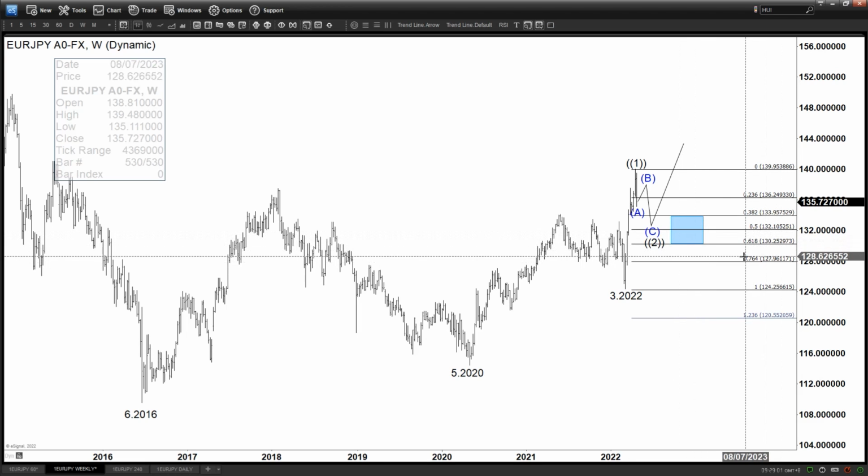So basically the potential target for this pullback is going to be around 130 to 134. I know it's a big range, but it's just to give you an idea of the potential move to the downside here, right? And once that is completed, we should then continue to go up again.